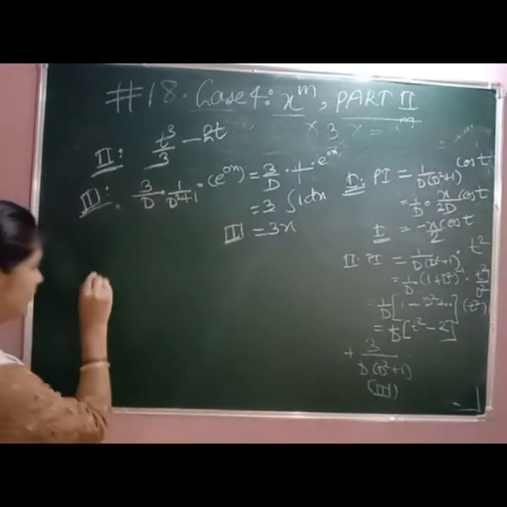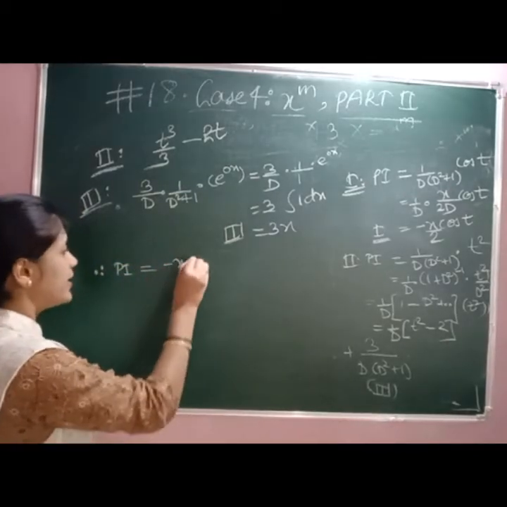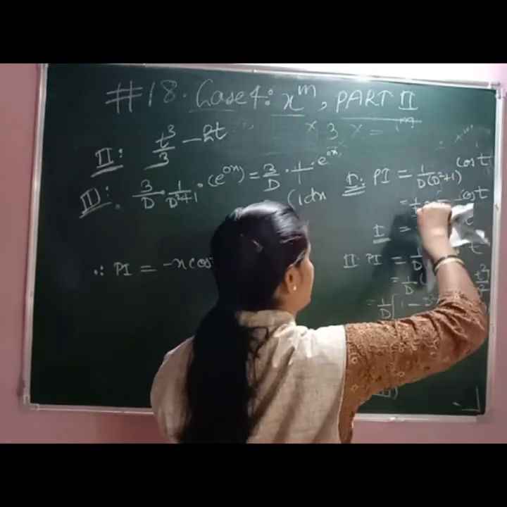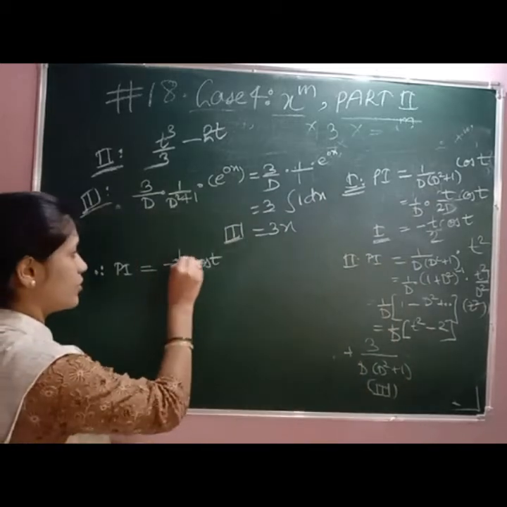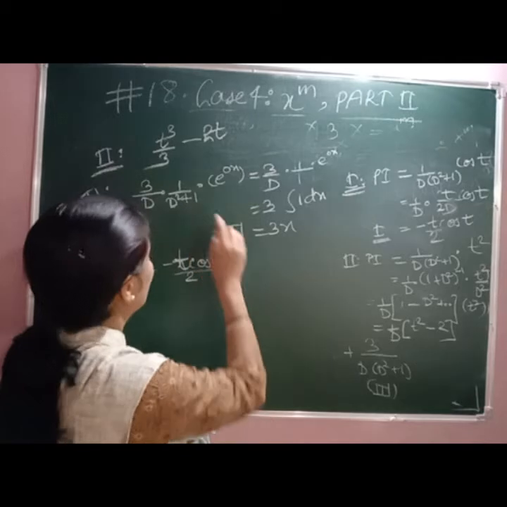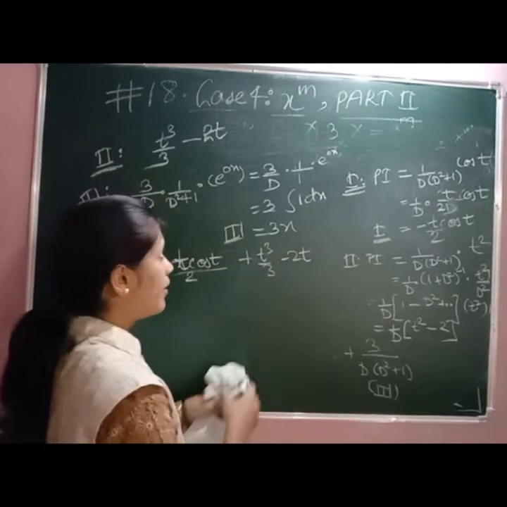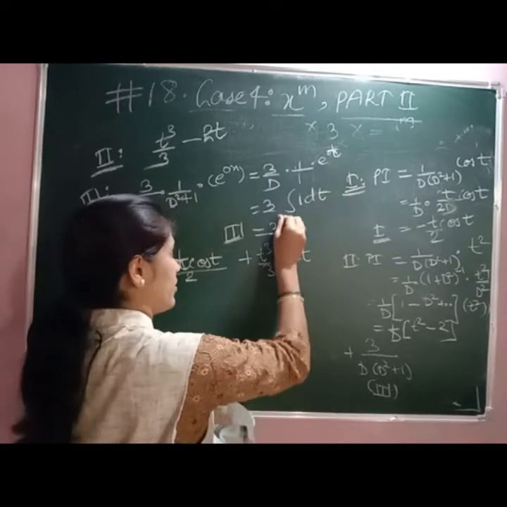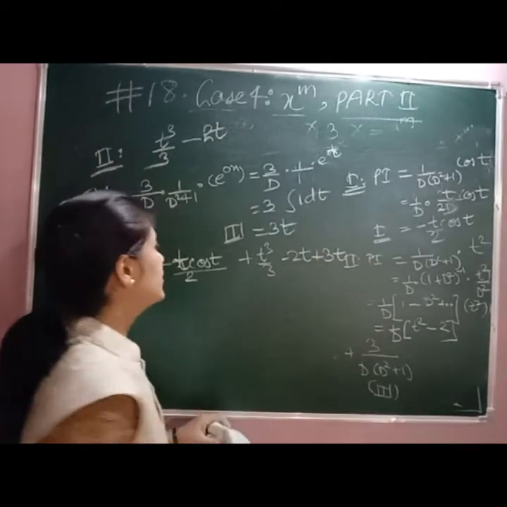So total PI, therefore PI equal to, first is minus x cos t by 2, plus t cube by 3 minus 2t, plus 3t.